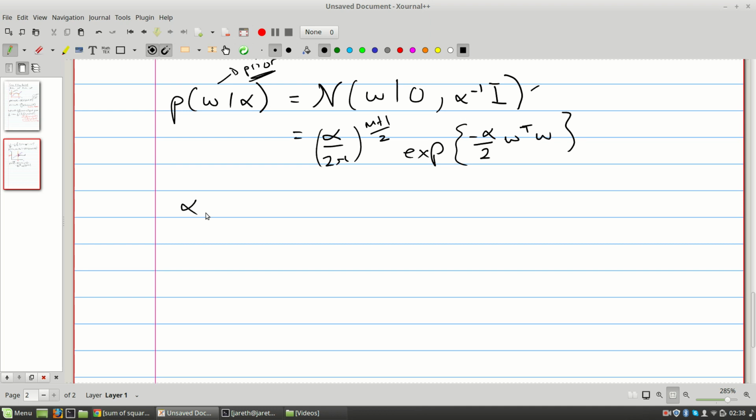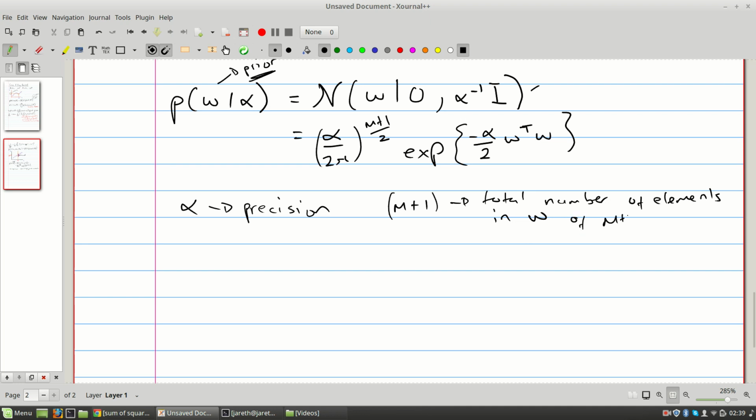We call alpha our precision for the distribution, where the precision is 1 over the variance, if you remember. And m plus 1 is the total number of elements in the vector W of the mth polynomial.